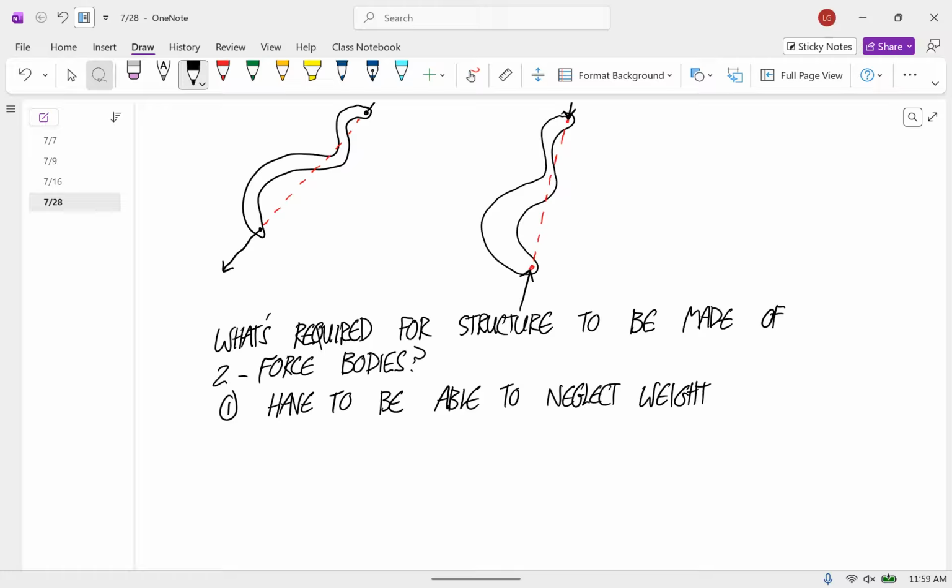And the second requirement is that all external loads have to be applied at the joints. If these two things aren't happening for a given structure, then that introduces third loads into these bodies, and it's not a two-force body, and you have to use the full approach that we're talking about right now.